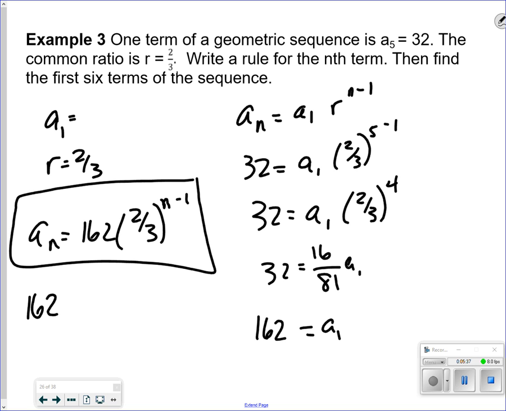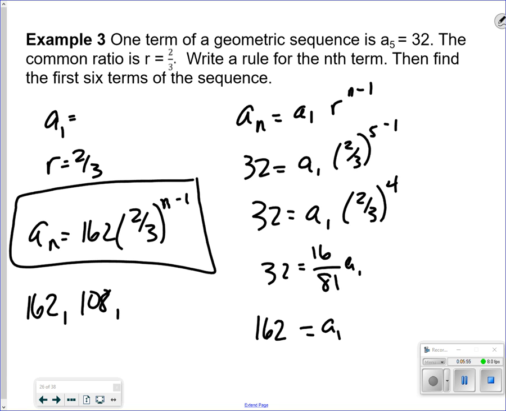So 162 is the first one. Second one, if I plug 2 in for n, I get 108.